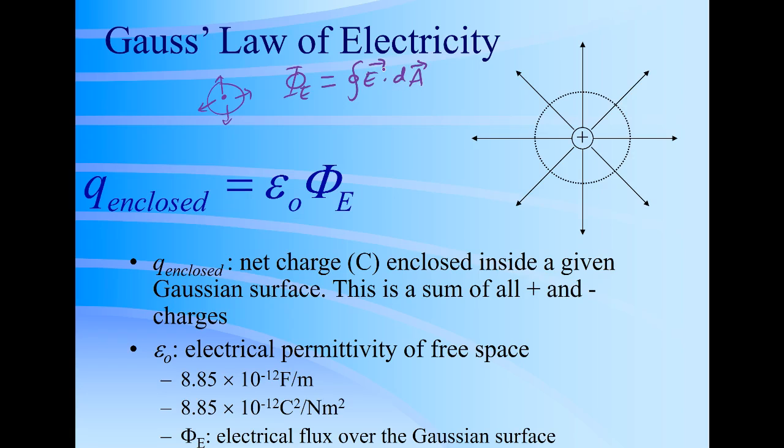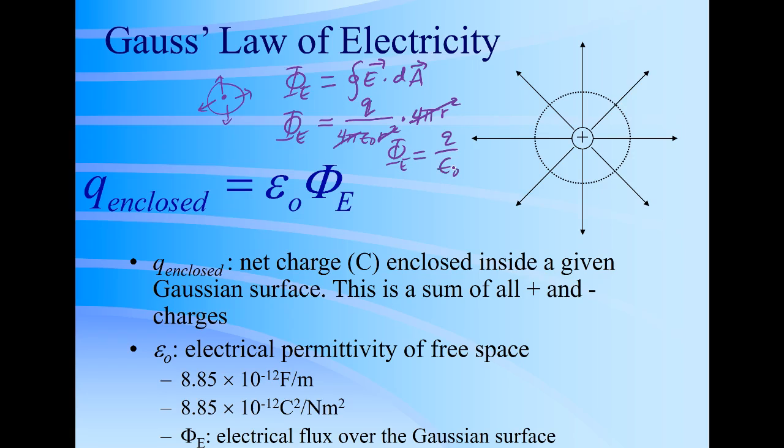When we did this for a point charge, the electric field was that of a point charge: remember, that's 1 over 4 pi epsilon naught r squared times q. And then we had the integral of dA, which turned into 4 pi r squared. So notice that everything is canceling here. The 4 pi and the r squareds are canceling to give us that the flux is equal to q over epsilon naught.